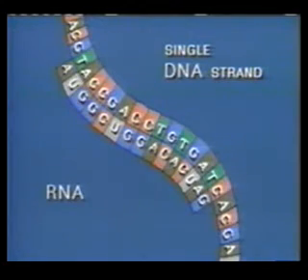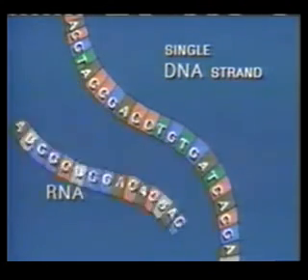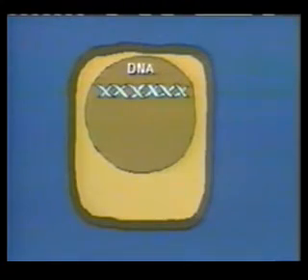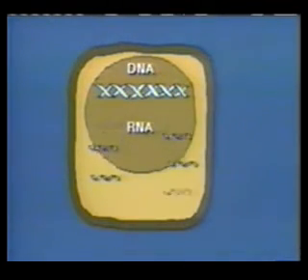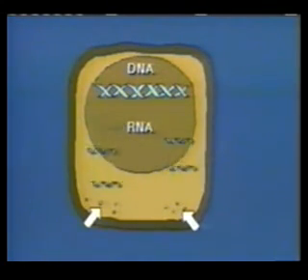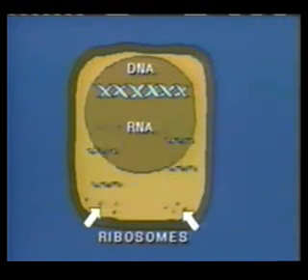After the synthesis is complete, the resulting messenger RNA strand is cast free of the DNA template. From the DNA blueprints in the cell, messenger RNA carries genetic information out of the nucleus to the sites of protein synthesis, called ribosomes, scattered throughout the cell.